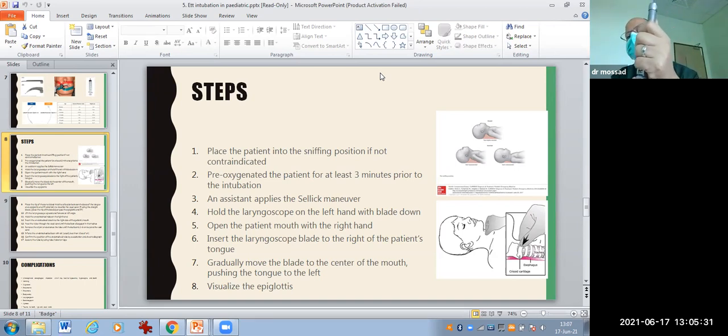Anesthesiologists used to hold it very strongly, like fighters. Okay, for especially small babies, we use this as a pen, not as a weapon, because it can cut. Its tip can cause cutting even in the trachea. So use it as a pen, not as a weapon. Okay, it is very important.